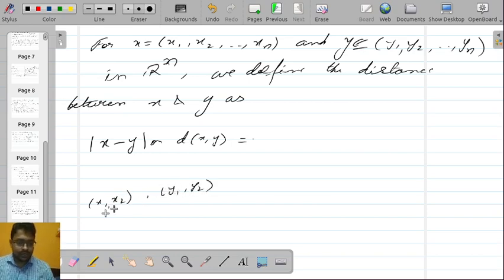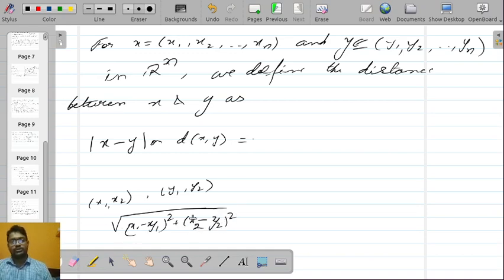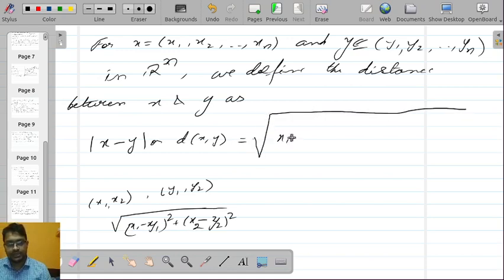It is the square root of (x1 minus y1) square plus (x2 minus y2) square. Here also the distance is (x1 minus y1) square plus (x2 minus y2) square plus dot dot dot up to (xn minus yn) square, all under the root.